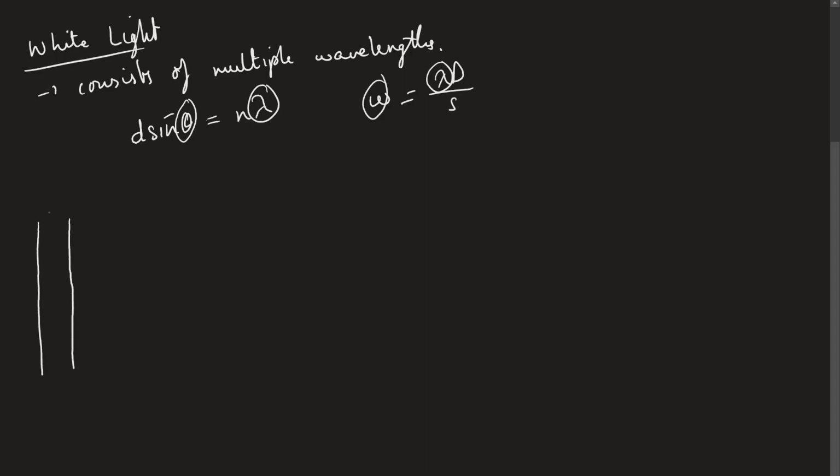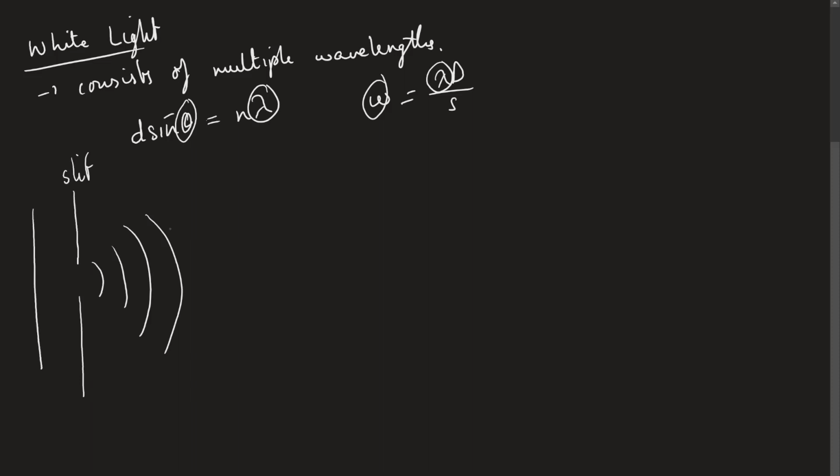It probably wouldn't be smart to draw wave fronts if we're going to get loads of different wavelengths, so let's just say we have one single wave. We first need to put it through a single slit. That's going to cause some slight diffraction, and the single slit is just here to make the light coherent.